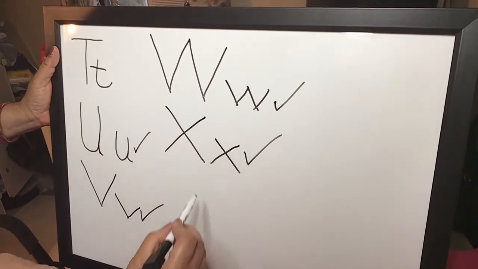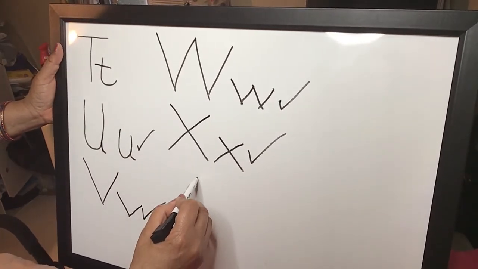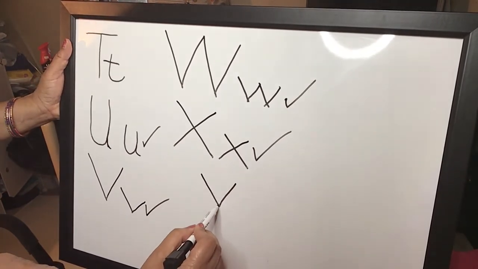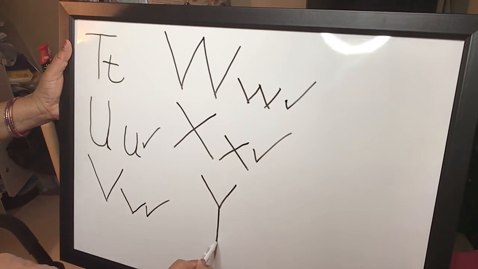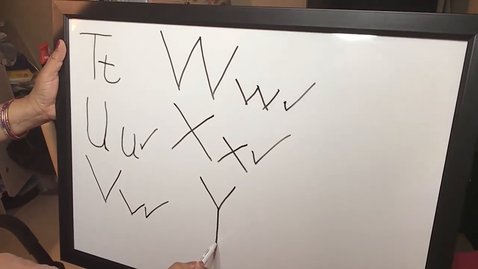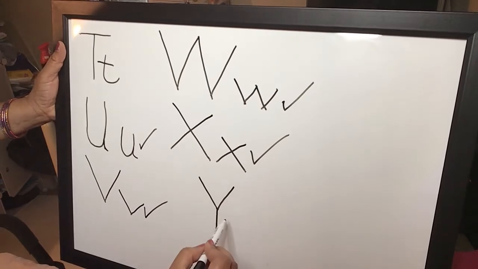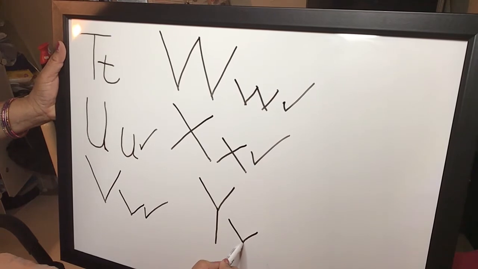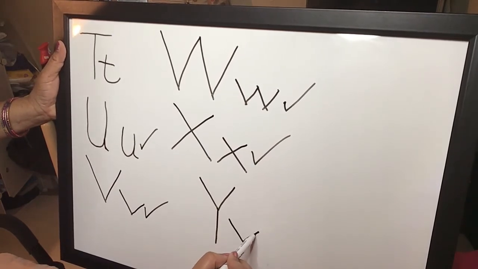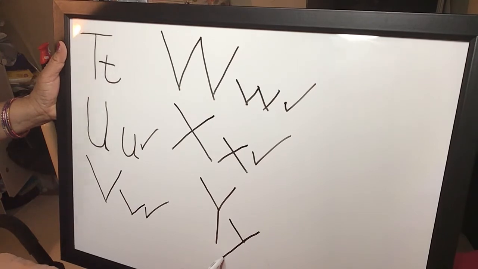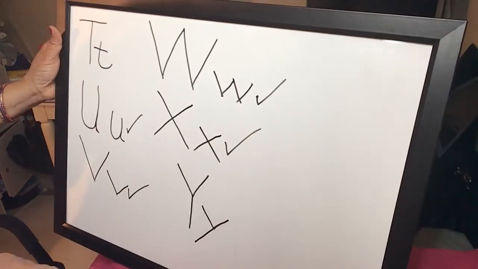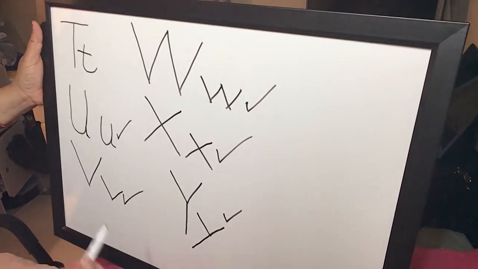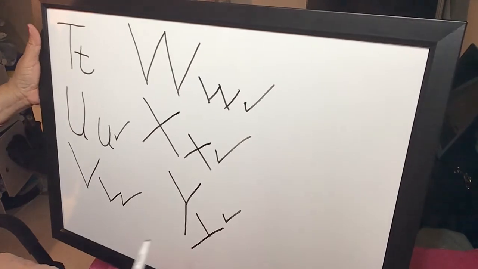Next will be Y. Two short sticks like you make a little V, and then you put a foot on it so it could stand. That is big Y. Little Y, it's like this. Make a V, but this stick right here, you just come this way, slant it to the left. This is another twin. It's just that one is bigger than the next, like maybe fraternal twins.